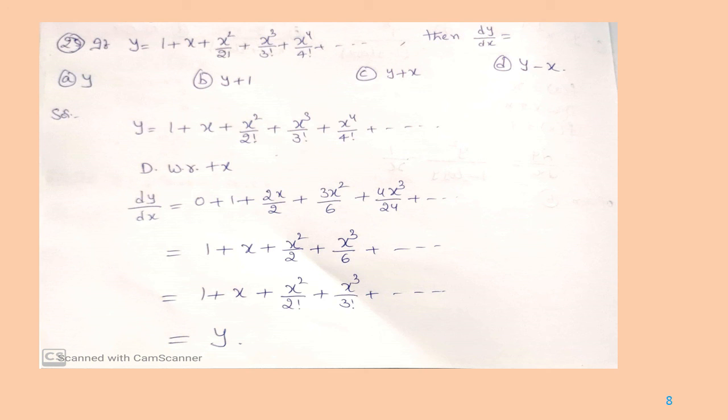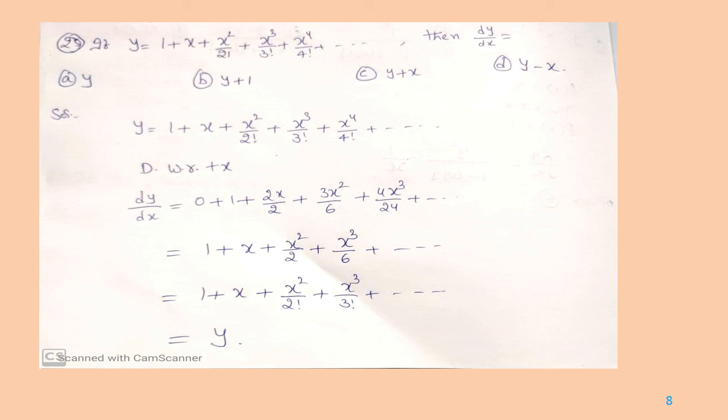If you differentiate with respect to x, differentiation of 1 is 0, differentiation of x is 1, differentiation of x square will be 2x by 2, differentiation of x cube is 3x square and 3 factorial value is 6, differentiation of x power 4 is 4x cube divided by 4 factorial value is 24.